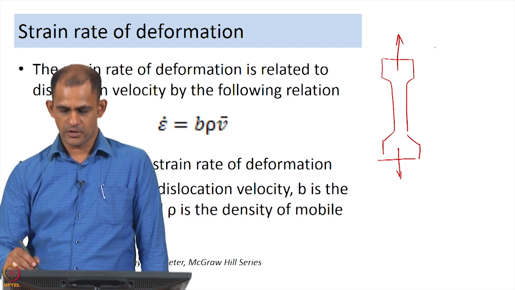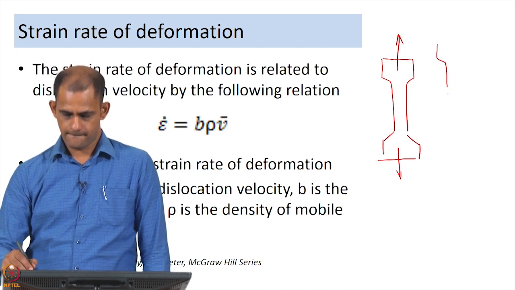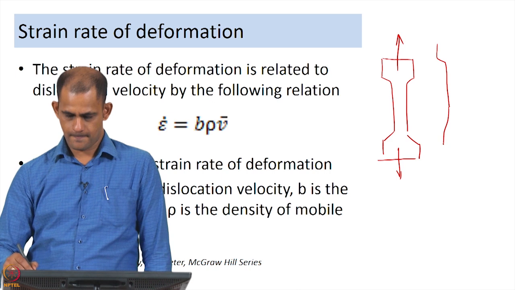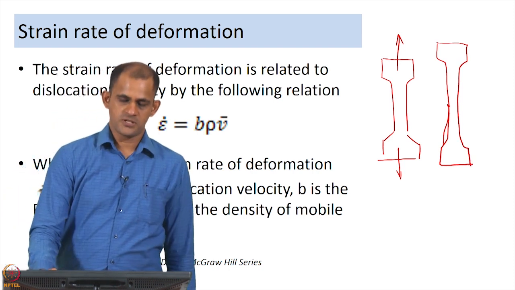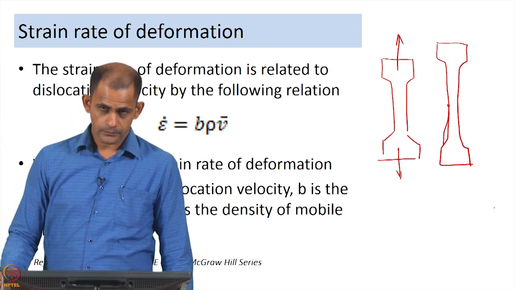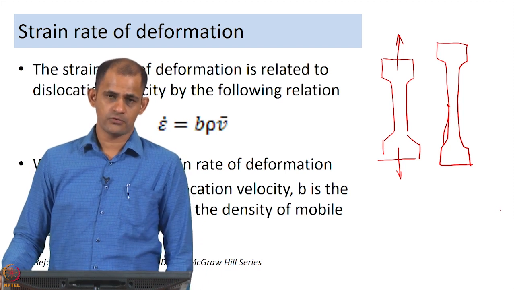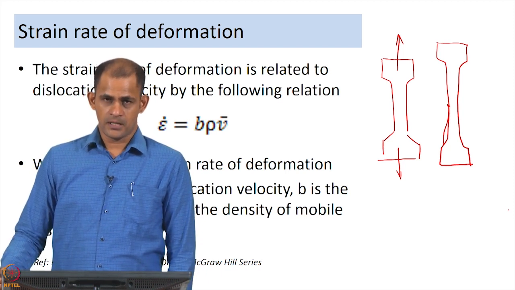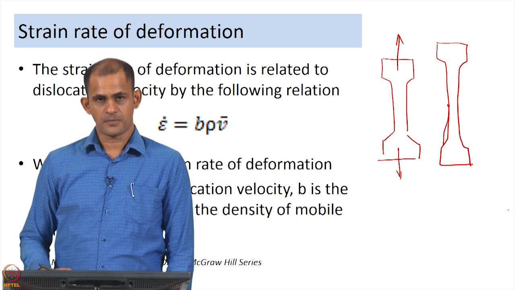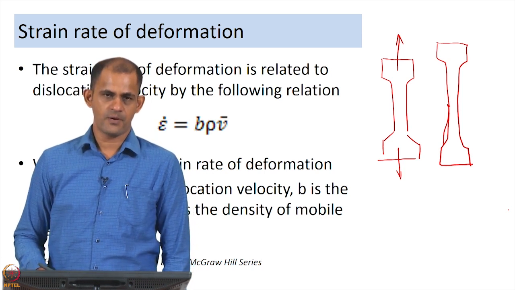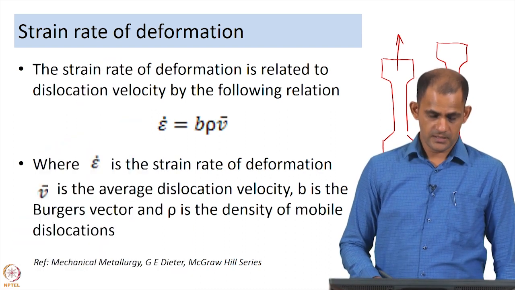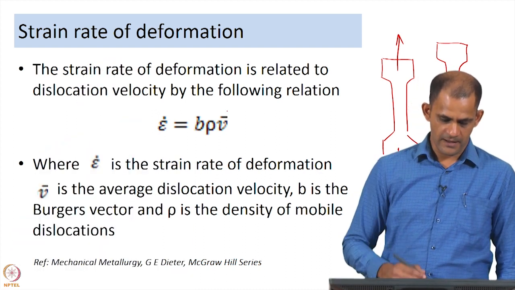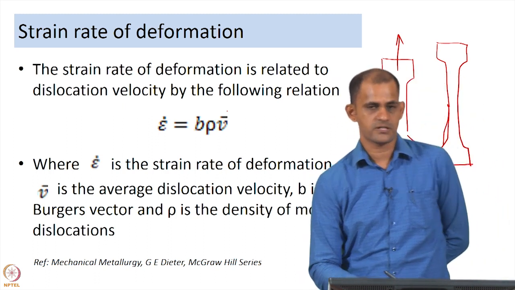The material starts elongating, and the process of elongation is introducing certain plastic strain into the material. The material is also deforming at a certain strain rate of deformation, and the strain rate of deformation is related to the average dislocation velocity.